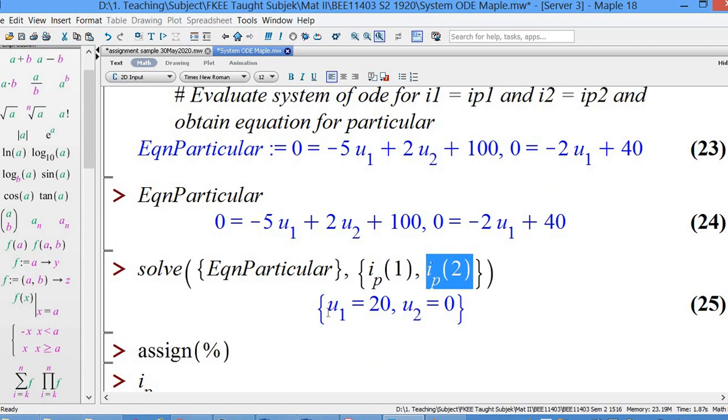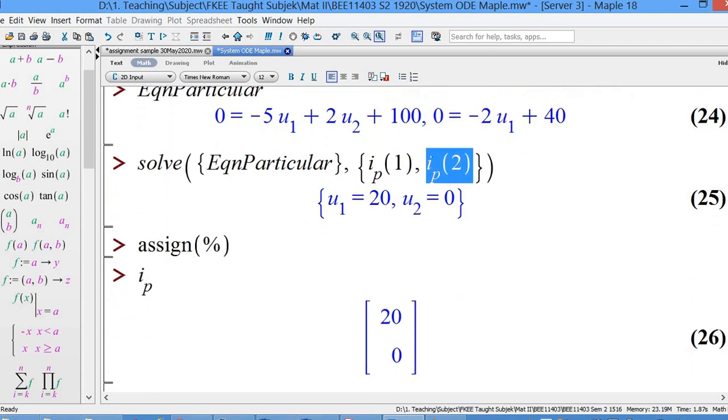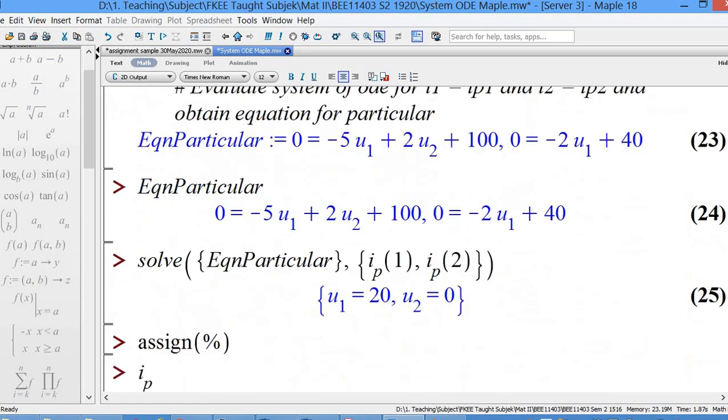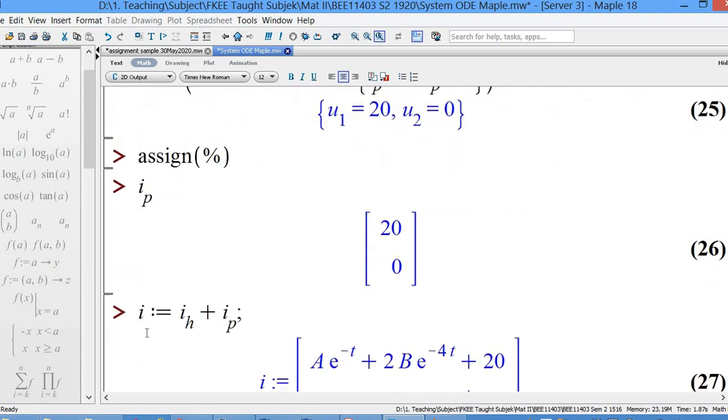Then we assign, plugging the values of U1 and U2 into the equation of the particular integral. When we call back IP, the values of U1 and U2 are plugged in, which is 20 and 0. And I(t) is actually the solution of the homogeneous part plus the particular integral IP.